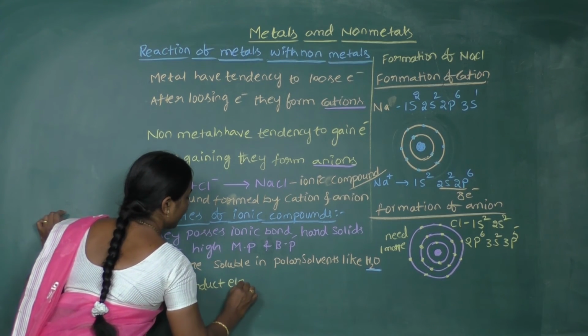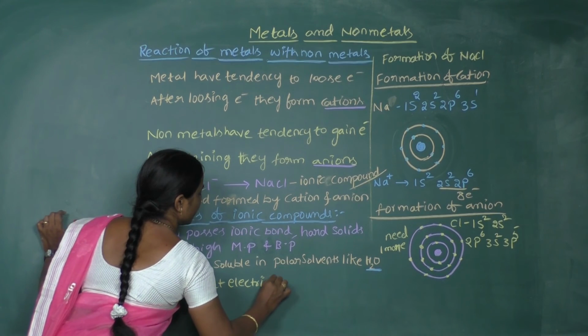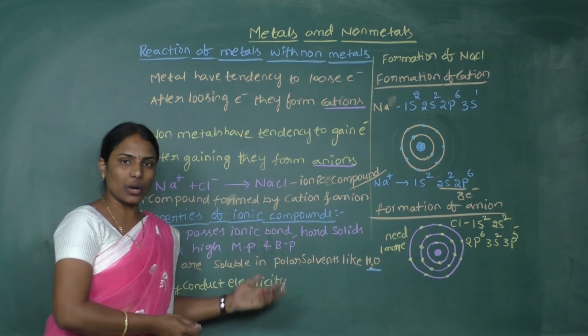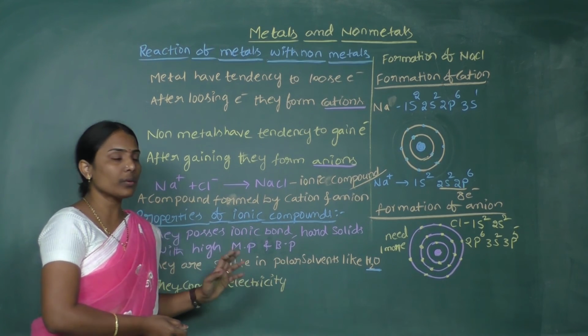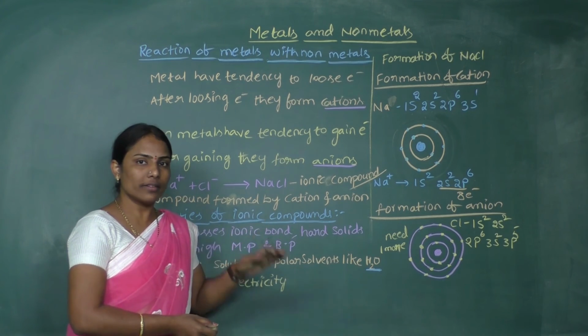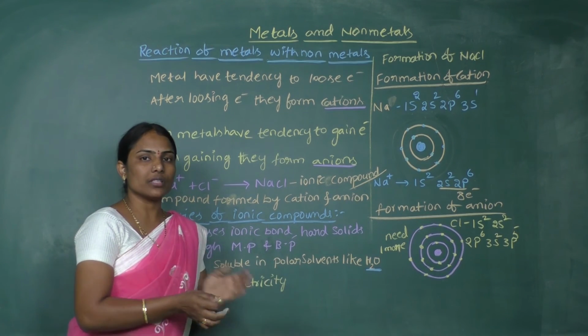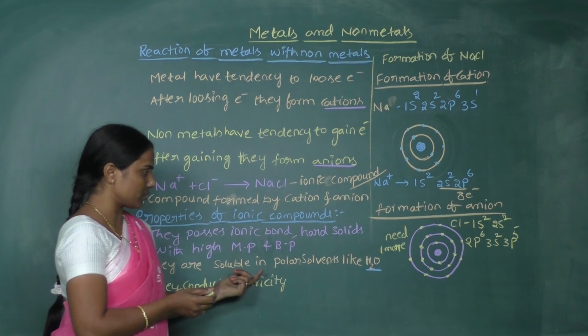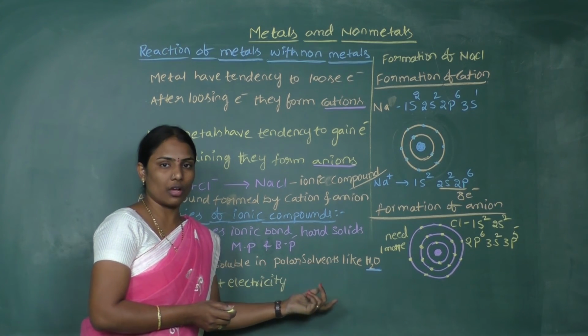They conduct electricity. See, remember this point, they are basically solids, but they are not going to conduct electricity in the solid state, only in the dissolved state. Meaning if we have dissolved this compound in some other solvent, we just discussed that they are soluble in polar solvents.